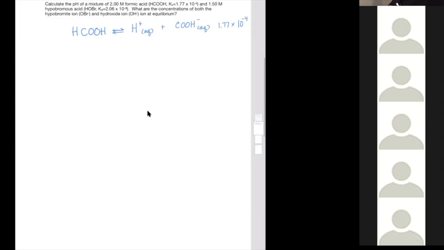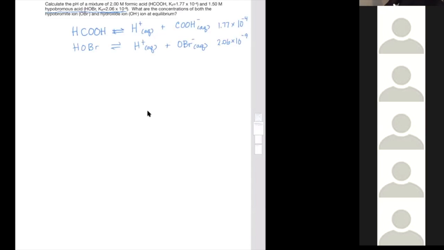You also have 1.5 molar hypobromous acid. So that would be HOBr. And we have hydrogen plus the hypobromite ion, sorry. 2.06 times 10 to the negative 9th is the Ka value that's given up here in the equation.